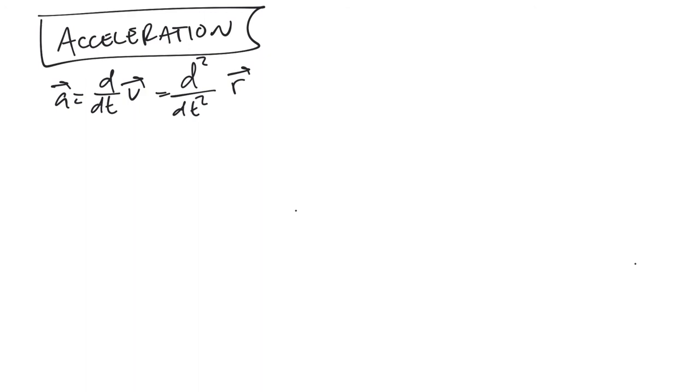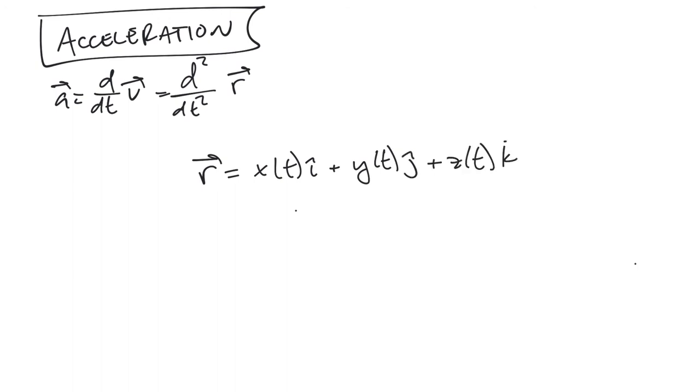So you could just apply that to our vectors like we already have. R was a function of, or x is a function of t in the i direction, plus y is a function of t in the y direction or j direction, plus z is a function of t in the z direction or k direction.